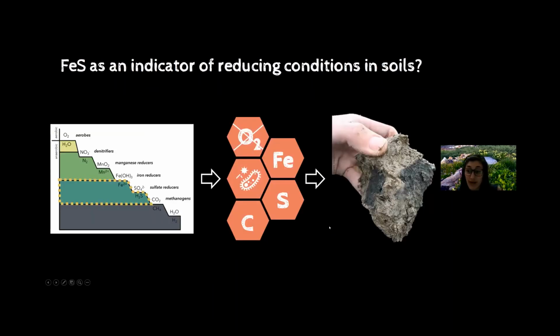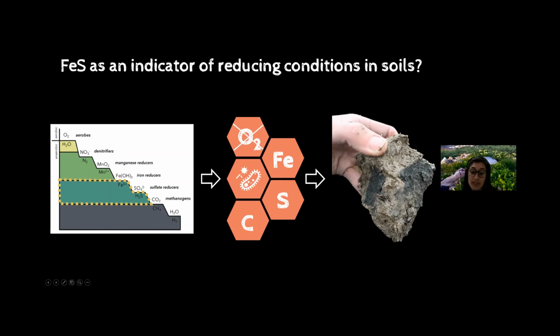Coming from a coastal background and looking into the geology of this area, we started to question if these were iron monosulfide concentrations. For those who are not familiar with them, they are black insoluble soil morphological features that form exclusively under anaerobic conditions and further down on the redox ladder under strongly reducing conditions, where sulfate is reduced to sulfide.